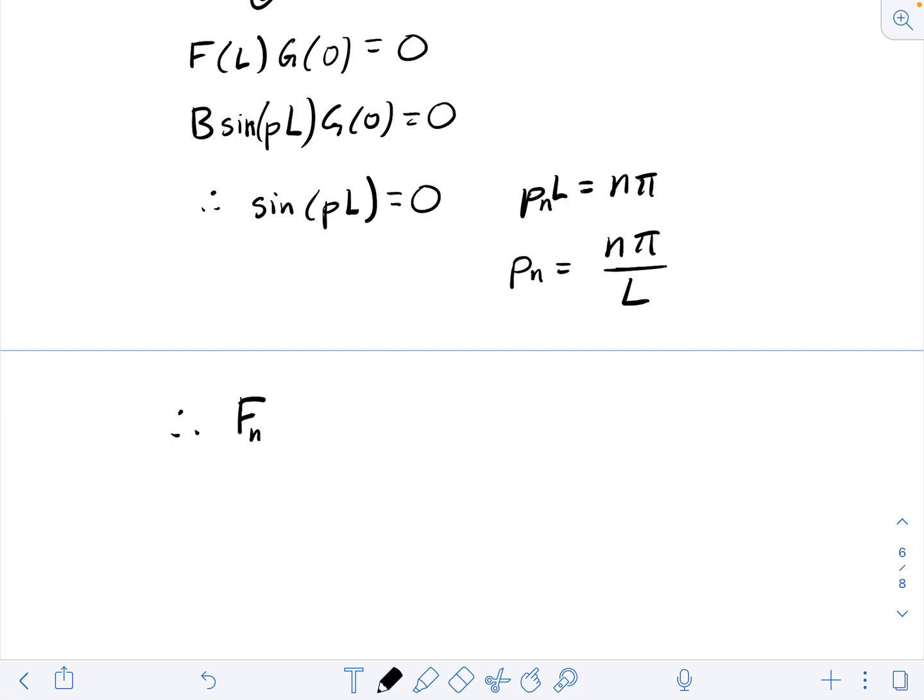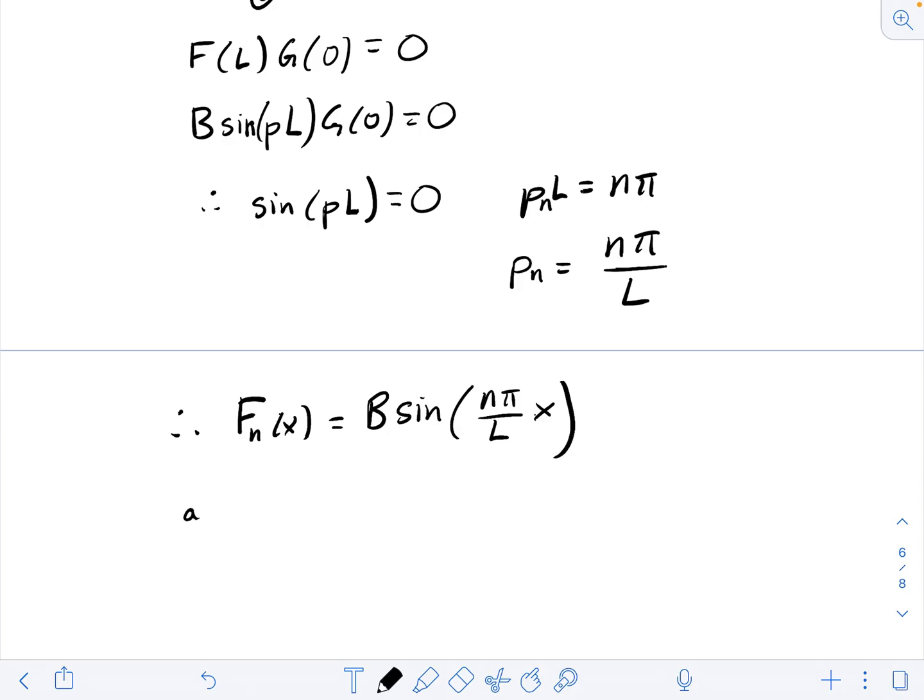And so then our solution, we got rid of the cosine term, but we still have a b, and then we have sine of pL, but now p is indexed by this integer n.